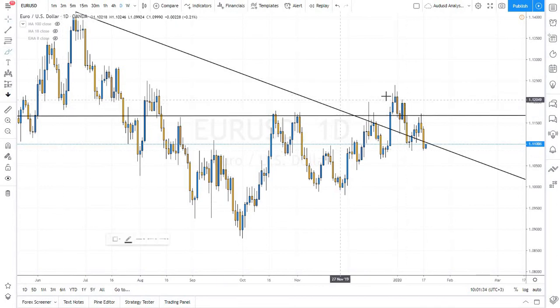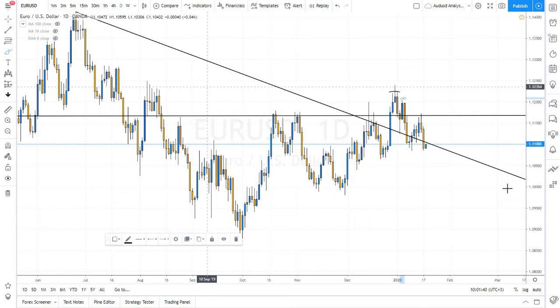And what it did is it printed a double top formation up. So once it did that, market got pushed back down.